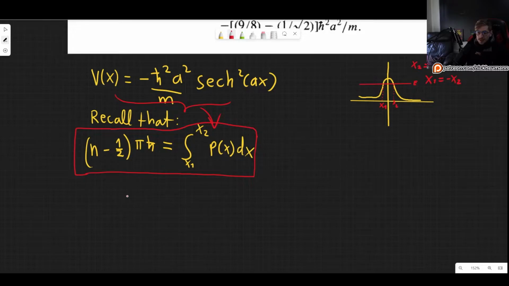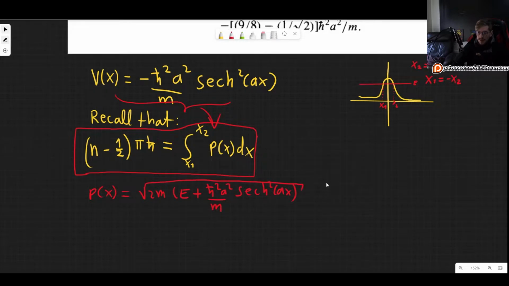Okay, so let's begin by finding the momentum. The momentum is, as usual, the square root of 2m times E minus the potential. But the potential is negative, so we get a plus h bar squared a squared over m times the hyperbolic secant squared. All right.